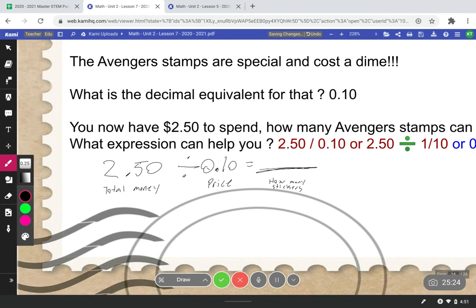I think we need to do the inverted version because it's tough for me to move the place value based on decimals. So let's change it up. $2.50. What would be the opposite operation of division? Multiplication. And we know the fraction version of that is 1/10. So I'm going to take the denominator, multiply by 10.